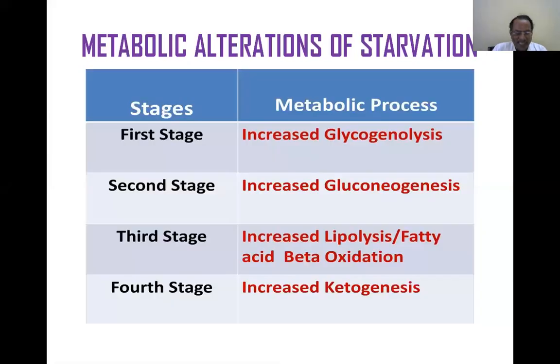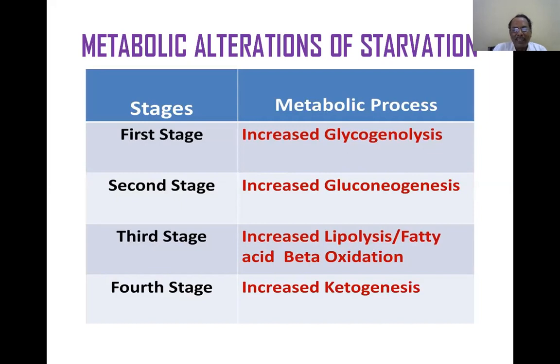Regarding the metabolic alterations of starvation, there are 4 stages. First stage, increased glycogenolysis. Second stage, increased gluconeogenesis. Third stage, increased glycolysis and fatty acid oxidation. And in the 4th stage, increased ketogenesis. As ketone bodies circulate highly in the blood, some amount of ketones seeps into the urine.